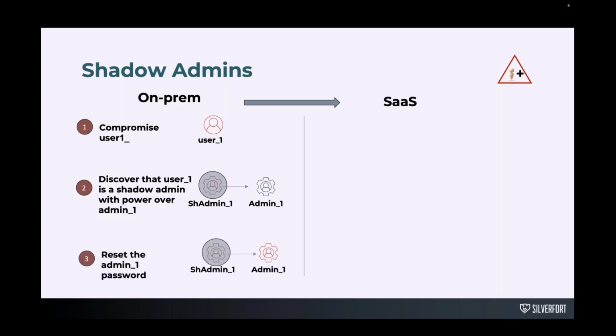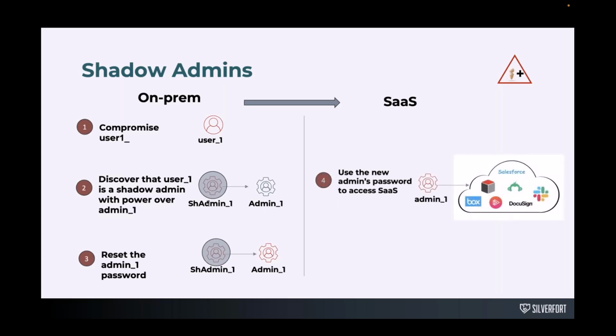And then I reset admin one's password. Then I run away from the on-prem environment, go to my computer, open the browser, and log in with this new password that I've created to the SaaS environment. So even though this is an on-prem ITE, it actually paved my way as an attacker to the SaaS.